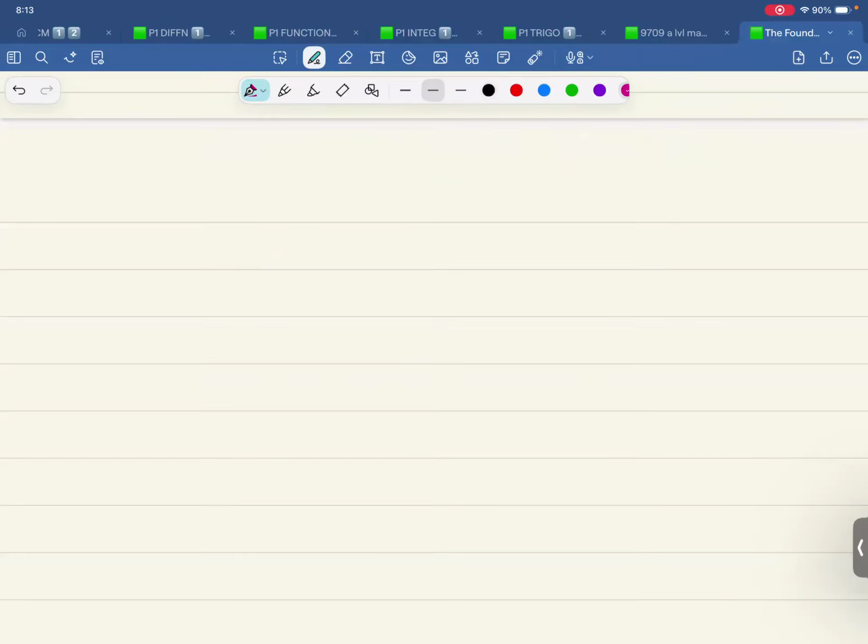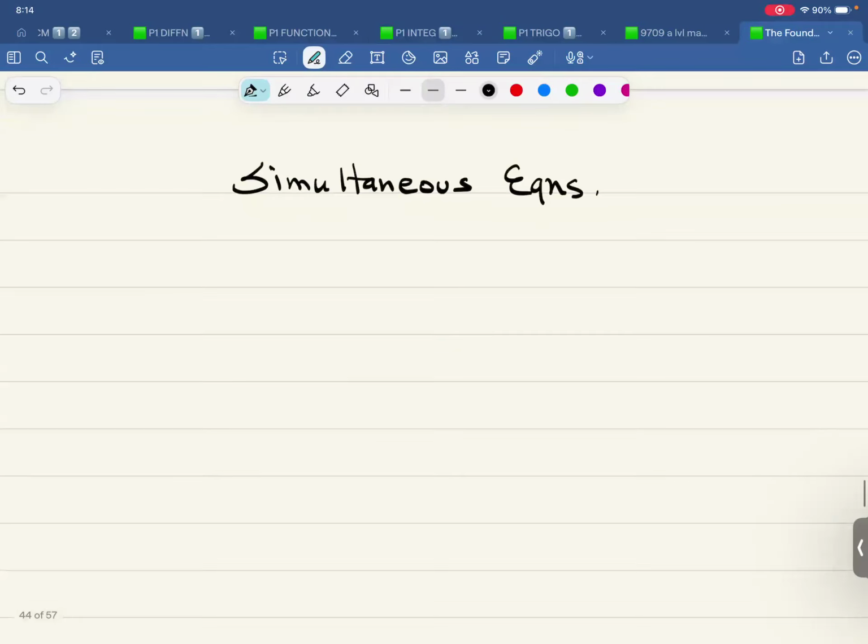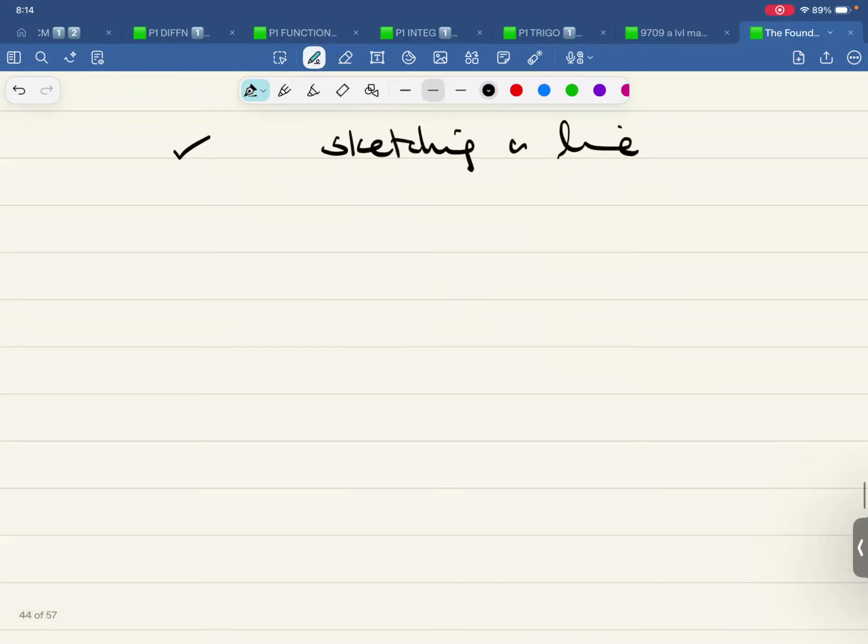Now, let's talk about simultaneous equations, something that we take for granted. Let's talk about coordinate geometry. Let's talk about sketching a line. Now we know that y is equal to mx plus c.